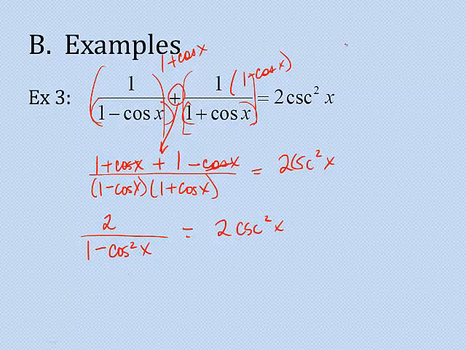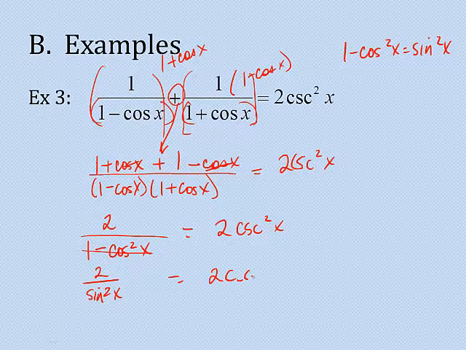Now, you should know on your card, it says 1 minus cosine squared of x equals the sine squared of x. So I can replace this with the sine squared equals 2 cosecant squared of x. Now, if I separate this out, I've got 2 times 1 over the sine squared of x. That's a reciprocal function, right?